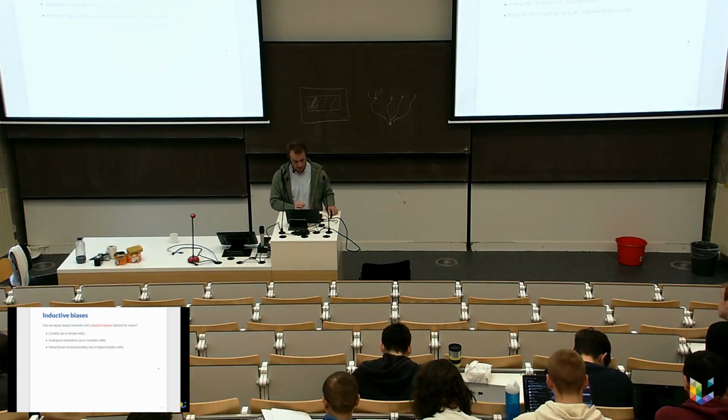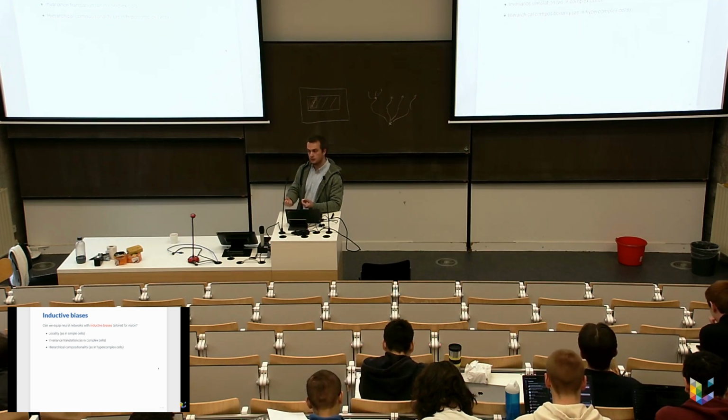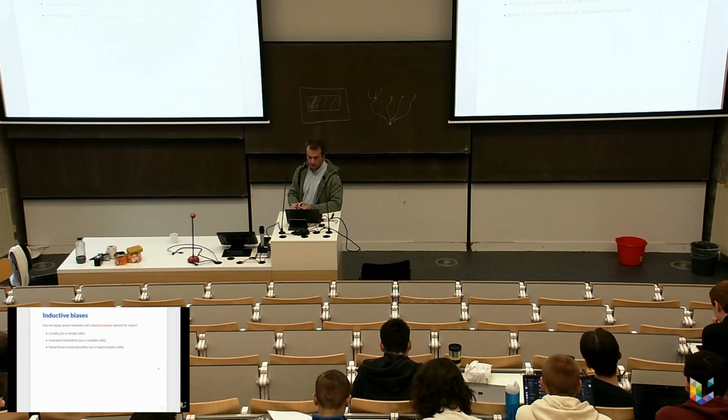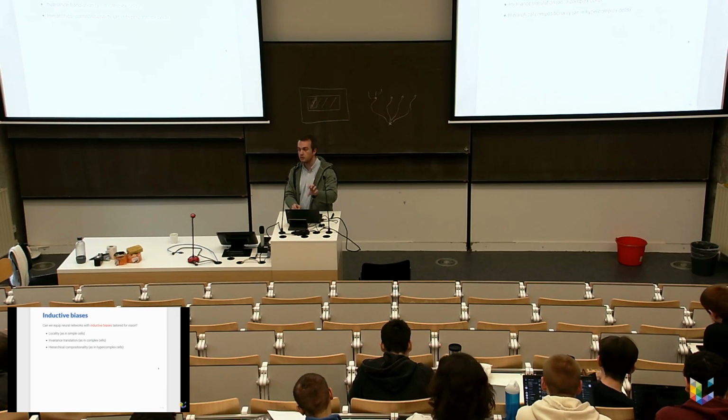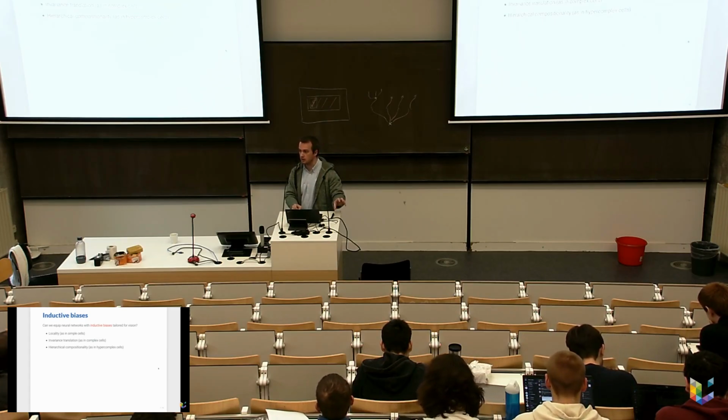Now the question we'll try to answer today is, can we equip our neural networks with what we call in the field inductive biases that would be tailored for vision? Given what we know about vision, can we put this knowledge directly inside the architecture of a neural network? The specific inductive biases that we'll be talking about today are first locality. Can we have artificial neurons in a neural network that would be targeting a specific location?